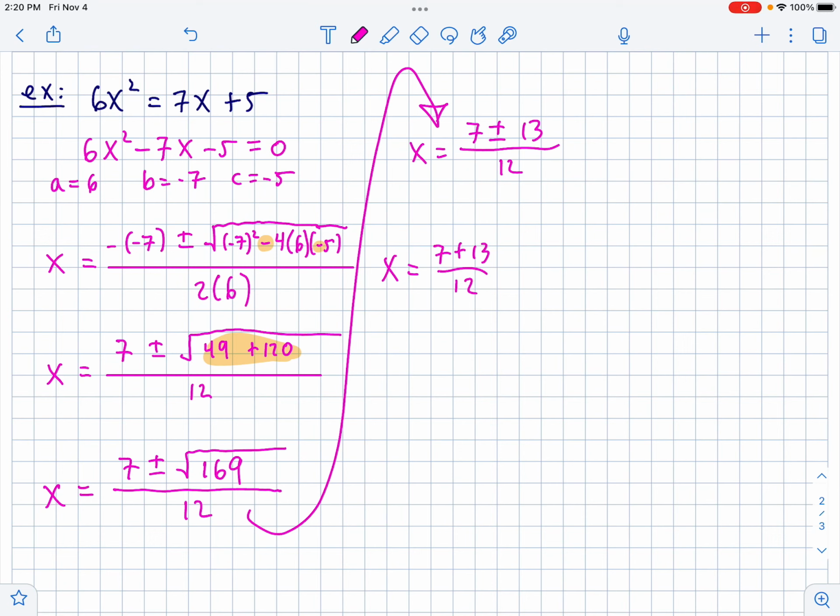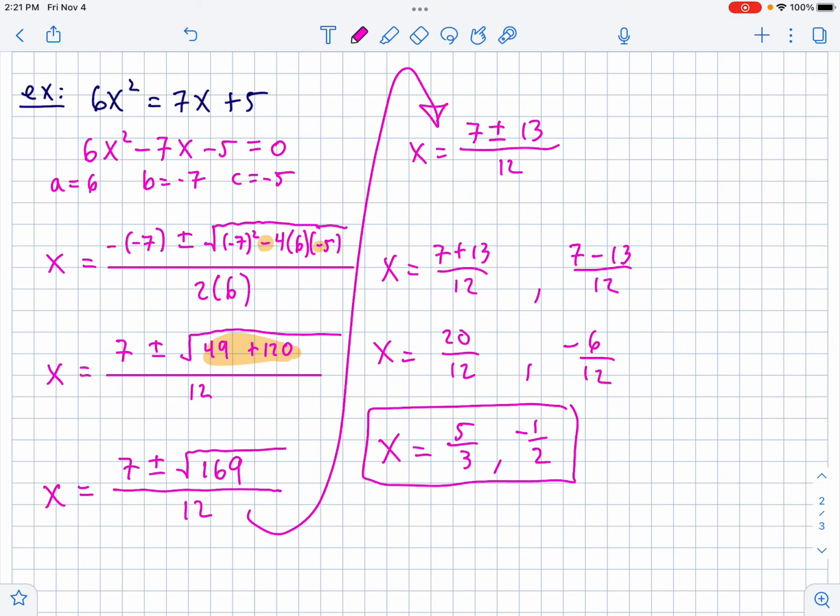So then x is equal to 7 plus 13 over 12, but also 7 minus 13 over 12. Here we get 20 over 12, and then here we get negative 6 over 12. So then if we fully reduce our fractions, those are divisible by 4, so that's 5/3 and negative 1/2.